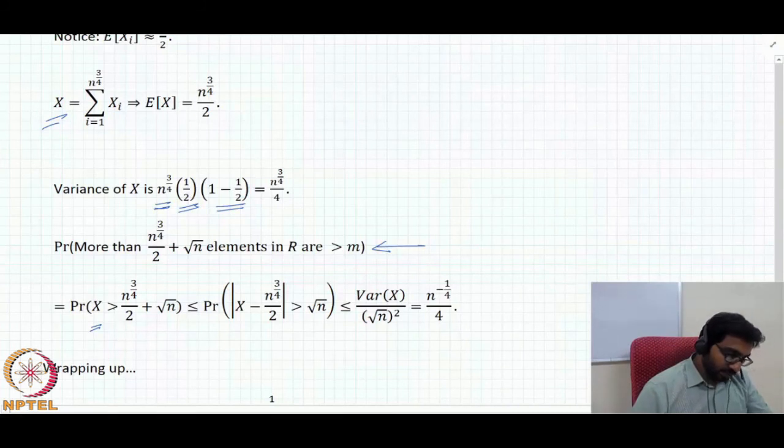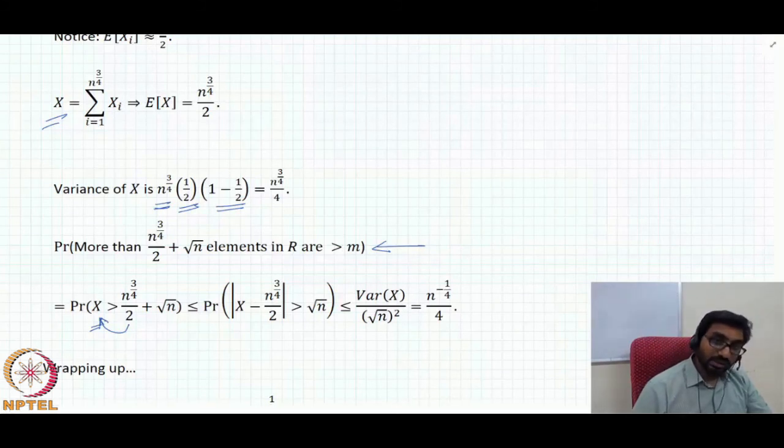Okay, and let's do a little rearrangement. We bring this term over to this side, and with an interest in applying Chebyshev's inequality, we take the absolute value. So we are actually slightly overcounting here.